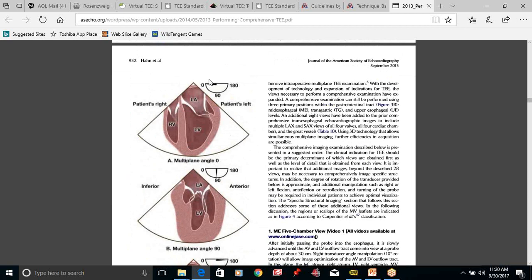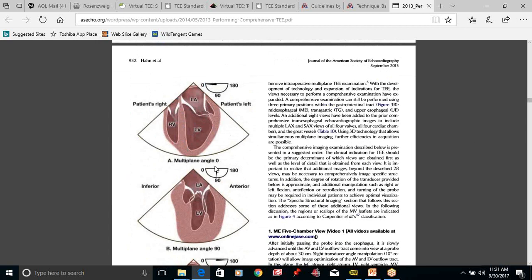So again, the semicircle, you go from 0 degrees to 180 degrees, and in the mid esophageal, you're going to get a structure looking like this, where the left atrium is right there, the left ventricle. So this is the mitral valve. Left atrial appendage is right there. You can see a little portion of that. The ventricular septum, the right ventricle, tricuspid valve.